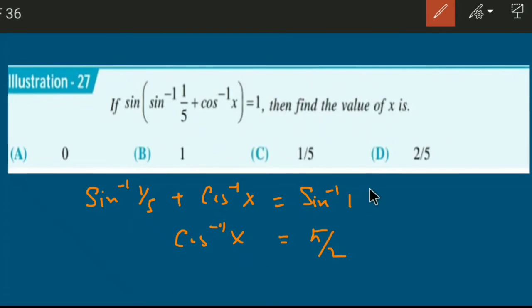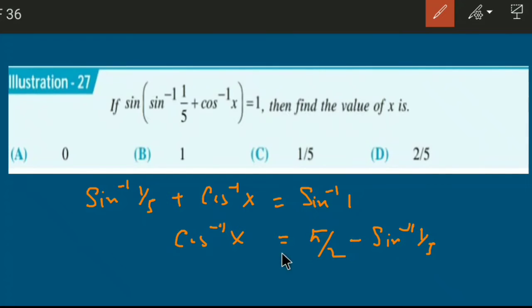You can take this to the right side, minus sine inverse 1 by 5. So pi by 2 minus sine inverse x is cos inverse x.